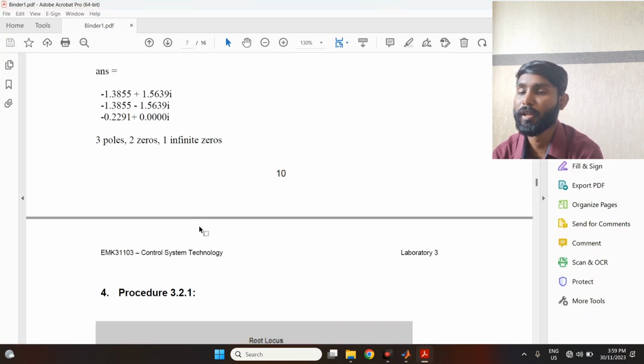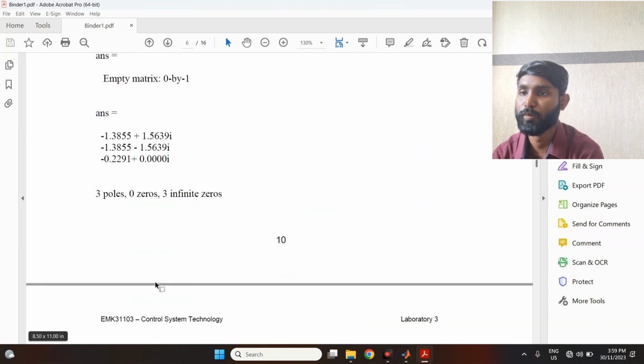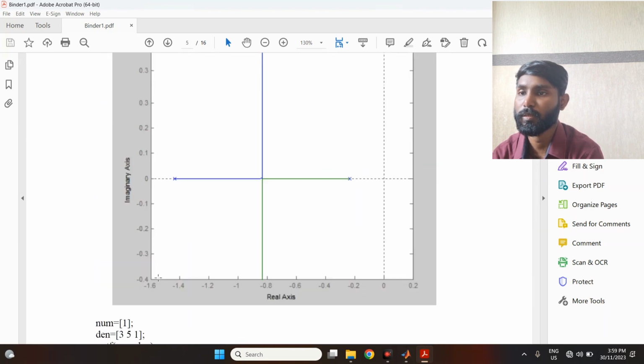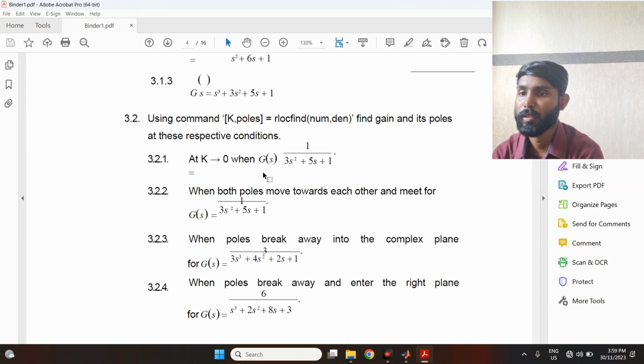Now let's go on to the next one, 3.2.1. We have to change the code here in order to find the k, poles and rlocfind. At k equal to 0, G(s) has numerator 1 and denominator 3s squared plus 5s plus 1.